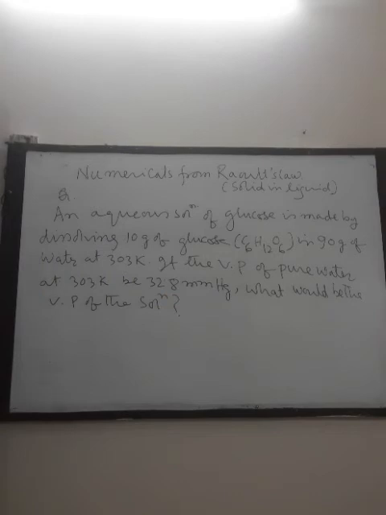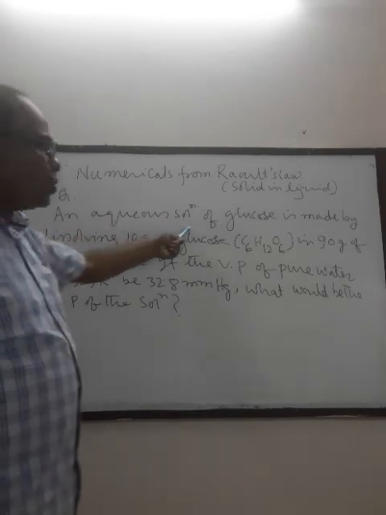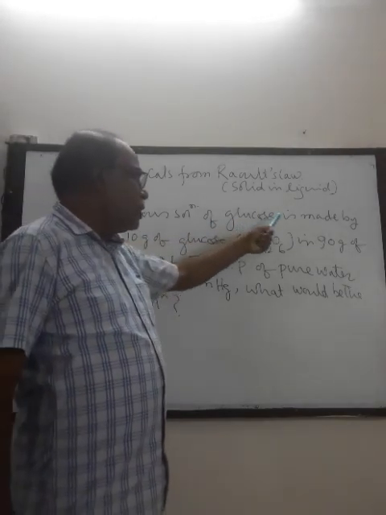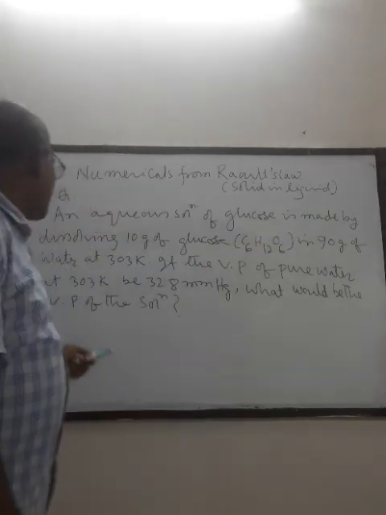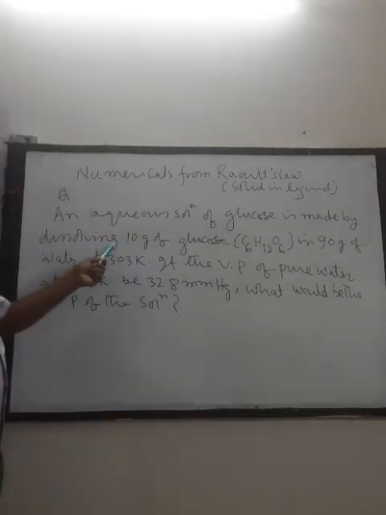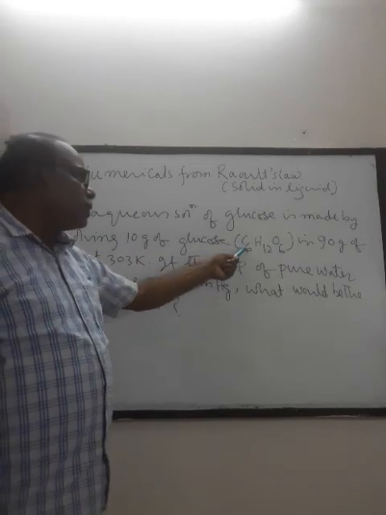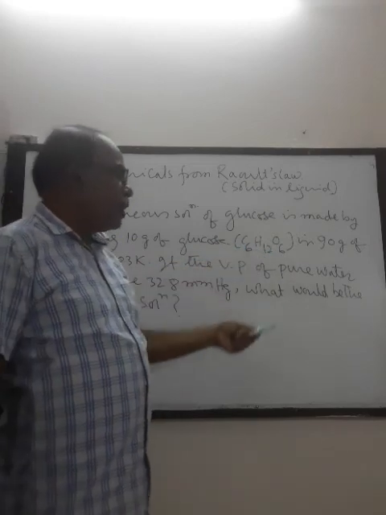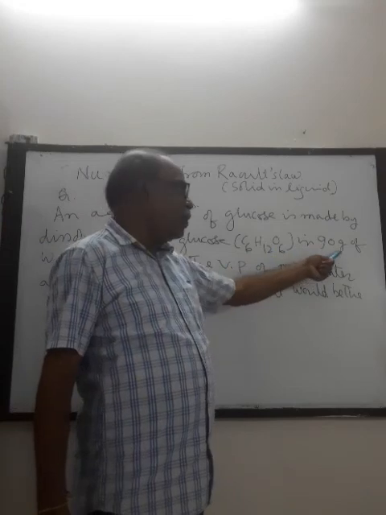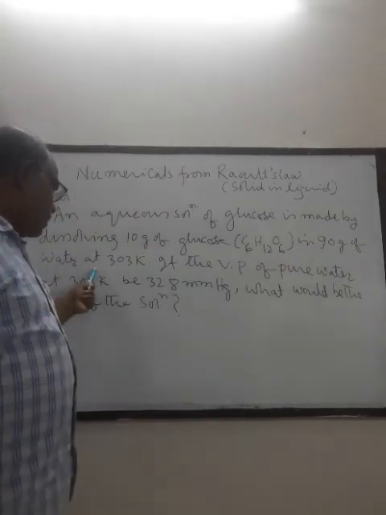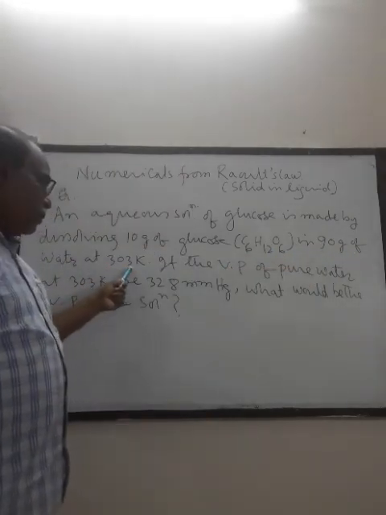So here, first of all, the question. An aqueous solution of glucose is made by dissolving 10 gram of glucose having formula C6H12O6 in 90 gram of water at 303 Kelvin.